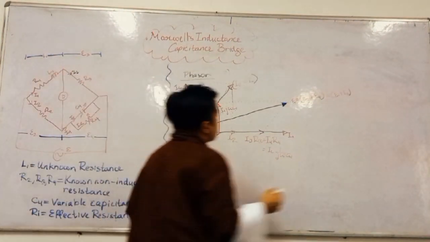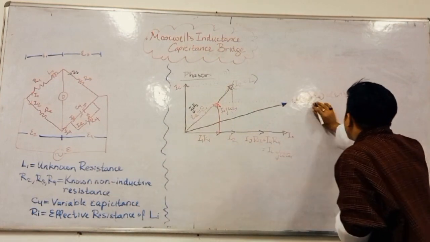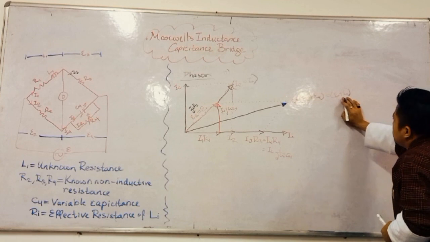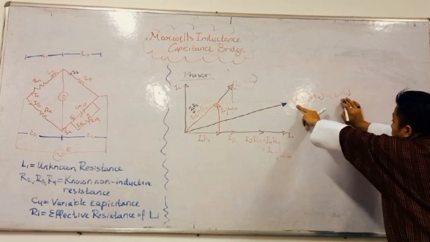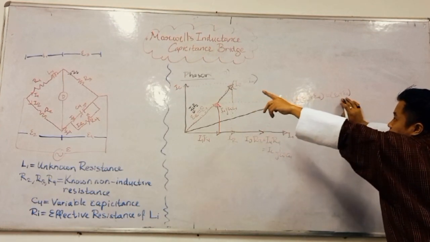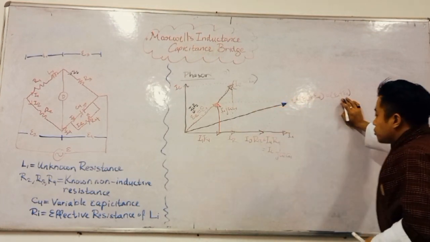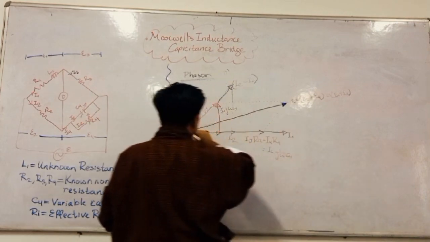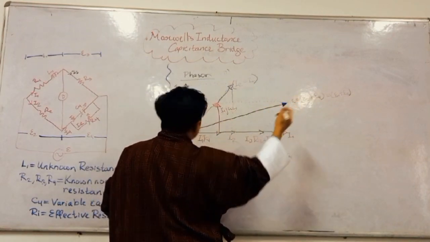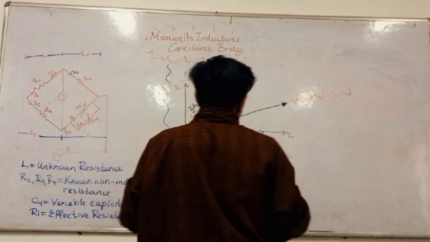That's why we have written E2 plus E4 is equal to E1 plus E3. So this is the effective voltage across the Maxwell inductance capacitance bridge. This resultant right here, this black line, is therefore the effective voltage across this bridge.